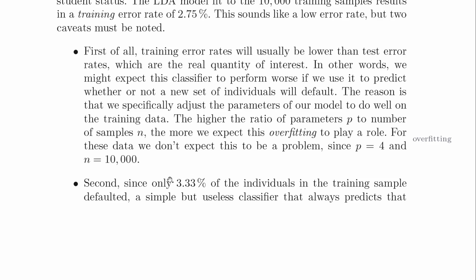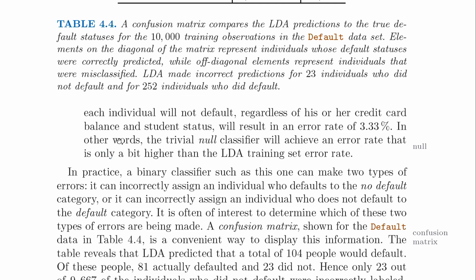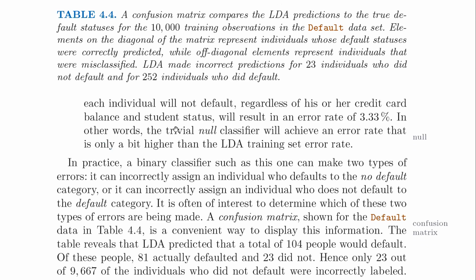Second, since only this percentage of the individuals in the training sample defaulted, a simple but useless classifier that always predicts that each individual will not default, regardless of his or her credit card balance and student status, will result in an error rate of 3.33%.